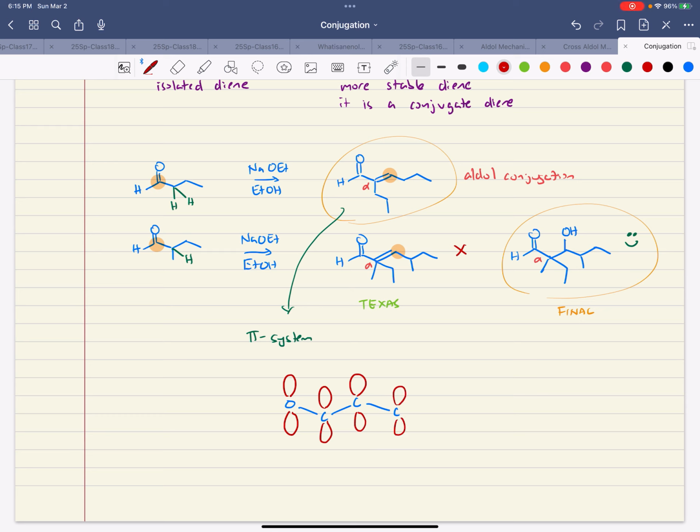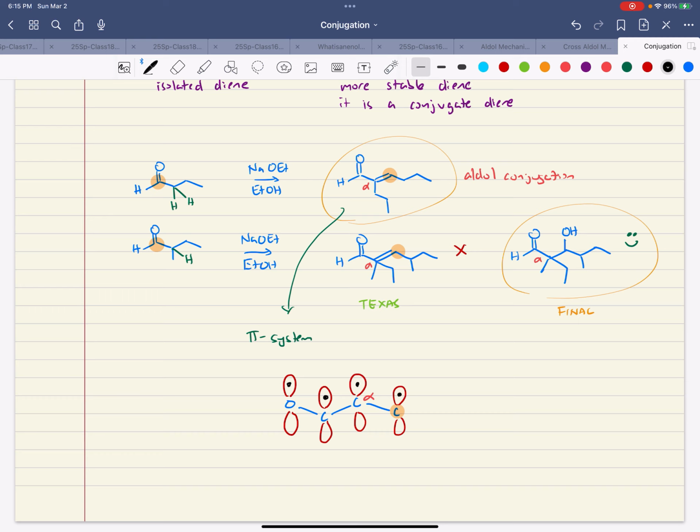There is a pi bond between the O and the C, so let's put those 2 electrons there. There is a pi bond between these 2 carbons, the alpha and the dot. So we have a double bond.